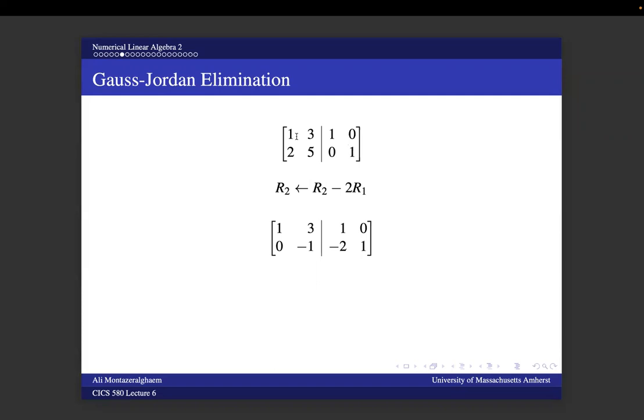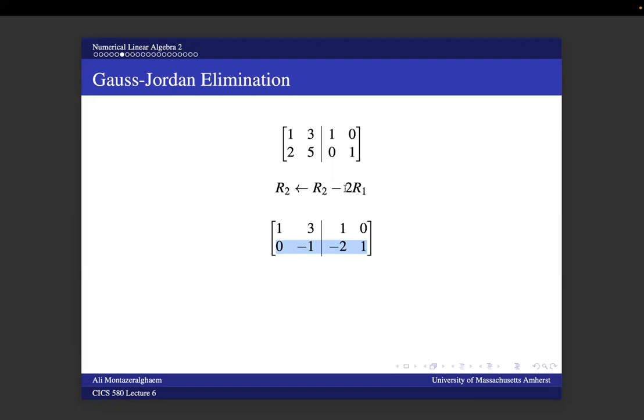For example, if we multiply the first row by 2, we have 2, 6, 2, 0. Then we get the difference between R2 and 2 times R1, and replace the second row with the result.